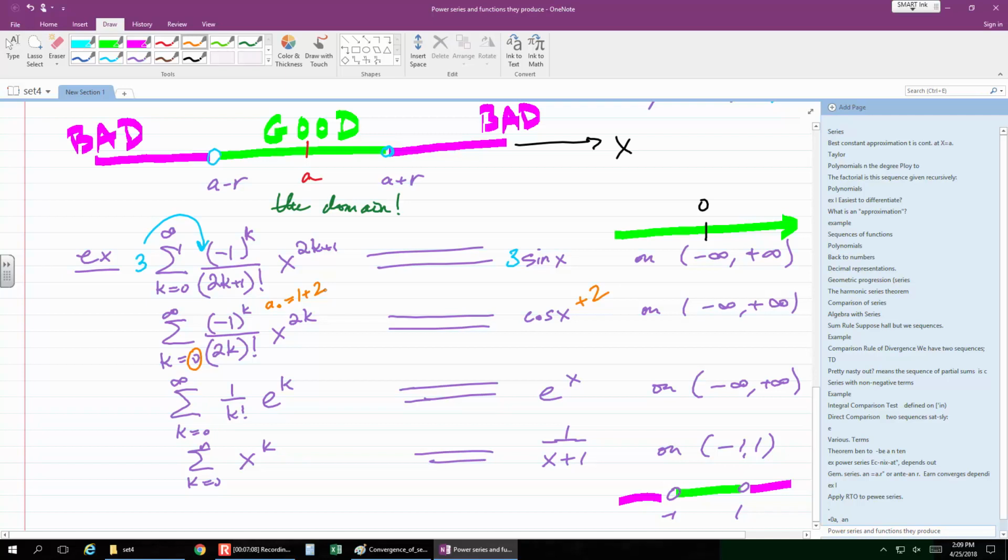The point is that we're getting a new power series for a new function. So these are the two simplest ones. Now adding functions, I could add functions together, like this.